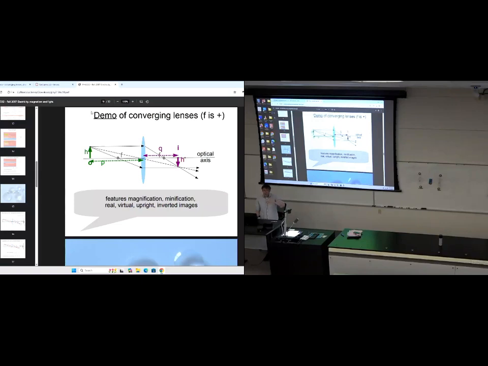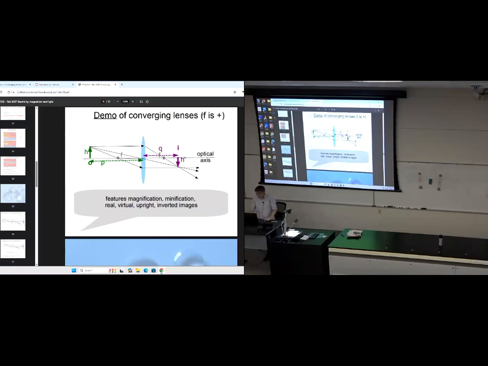They both actually create virtual and real images. So I have a lot of flexibility with converging lenses to minify, magnify, to make real, to make virtual images, to make upright and inverted images, and that's just like the converging mirror case.